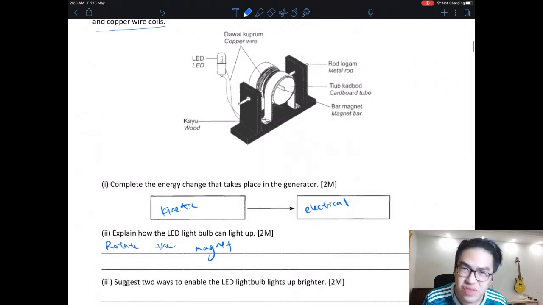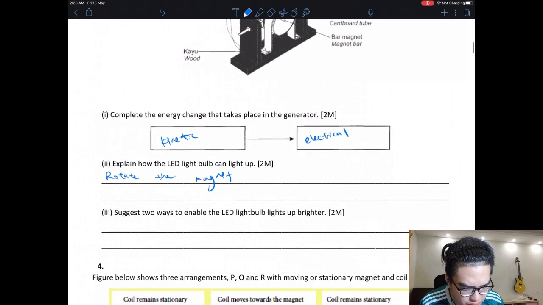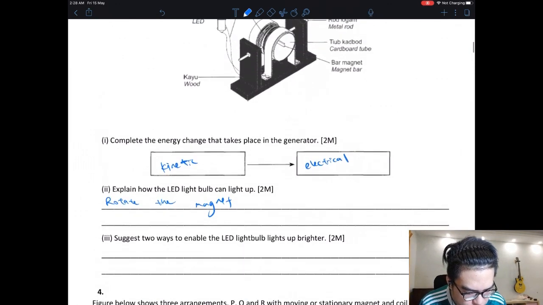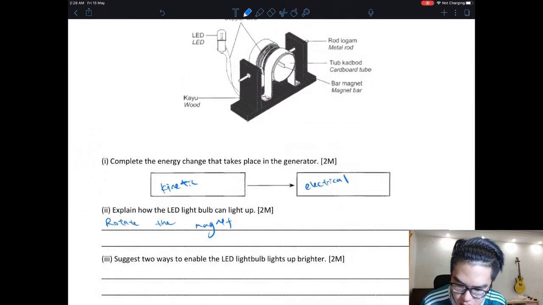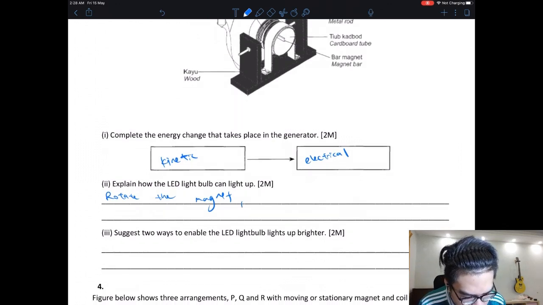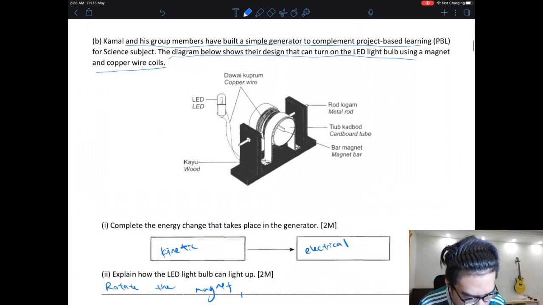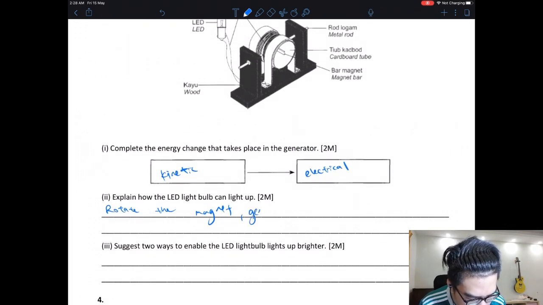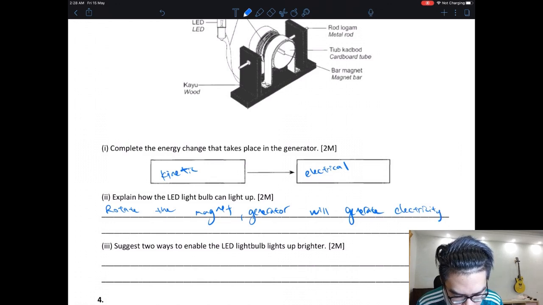So this is a very weird model. So rotate the magnet, and then the generator will generate electricity. LED will light up.